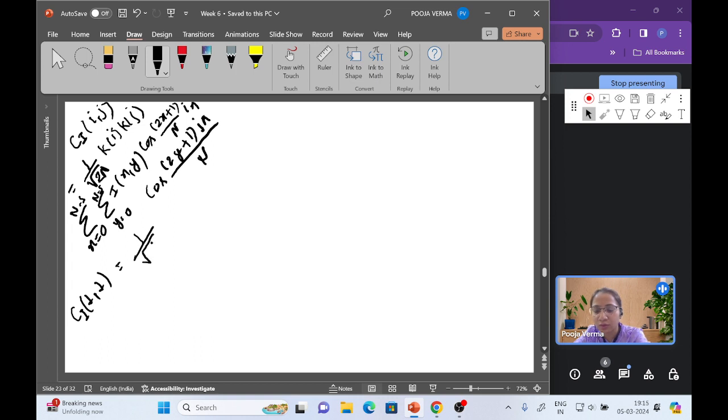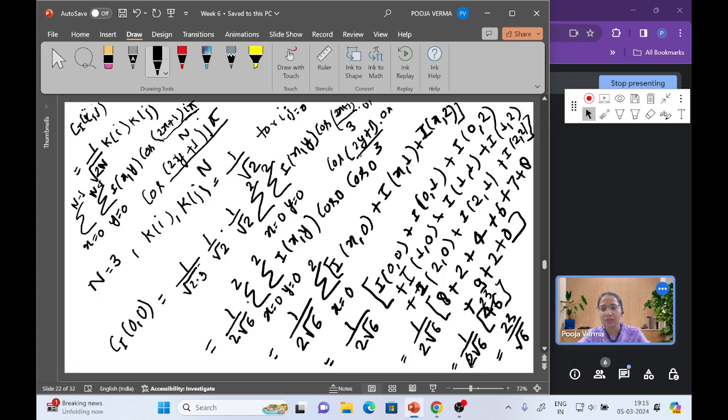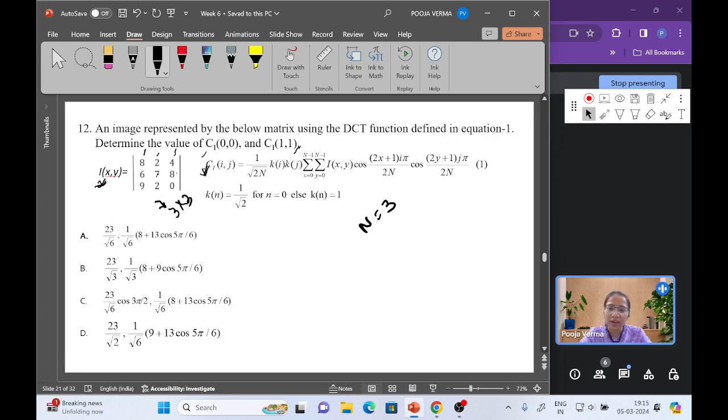So here also 2n, n is 3, so 2 multiplied by 3, k i and k j. So here i and j is 1, right? So at n equal to 1, what is the value of k of n? Let's see that. At k equal to n, that value will be 1.